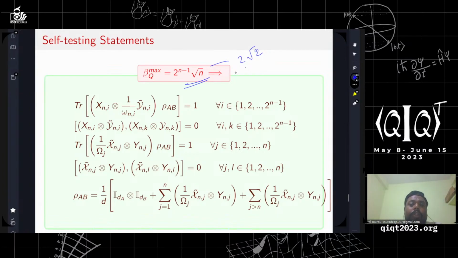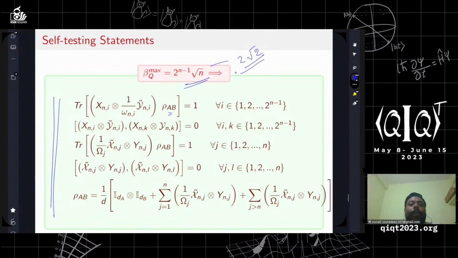Whenever we get this optimal value, the state rho and the measurement settings must satisfy some constraint relations. If you can see, let's say x_i tensor y_i and x_k tensor y_k must be commuting, for all i and k. In parallel, the state must satisfy this condition, that the trace of some observable tensor observable with rho should be 1 for all j.